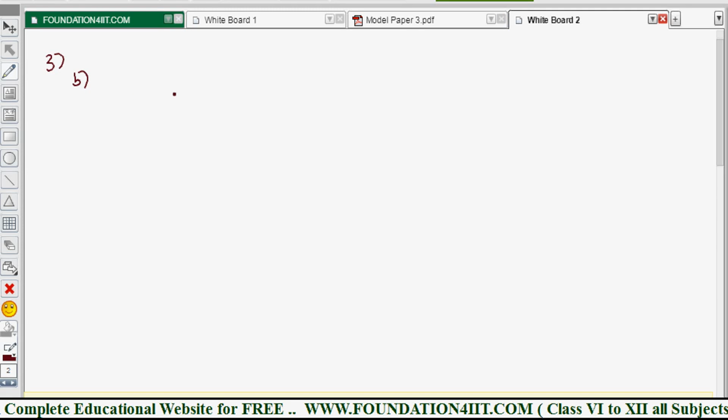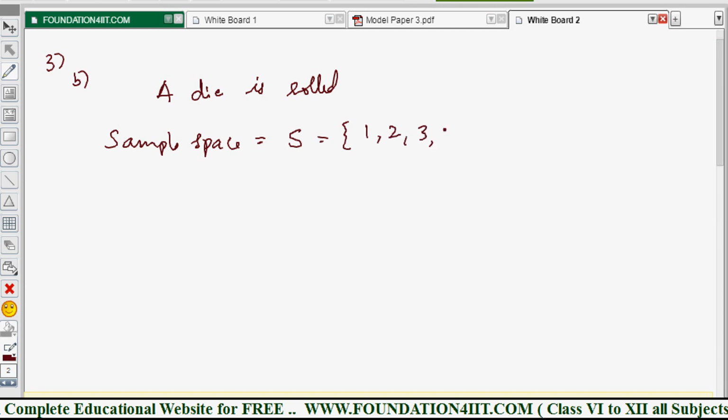So the random experiment is that a die is rolled. Then the sample space: when the die is rolled, the sample space is 1 2 3 4 5 6, only 6 numbers. Therefore n of S is equal to 6, the number of elements.